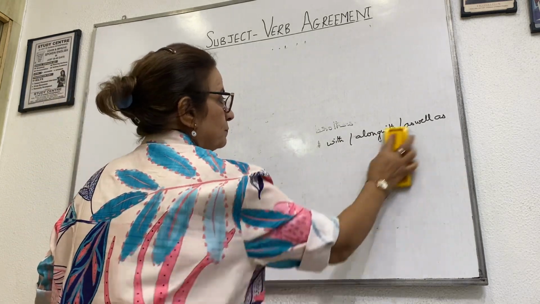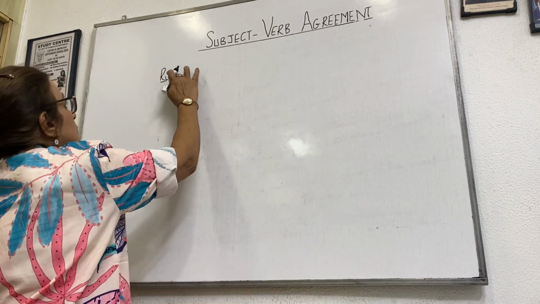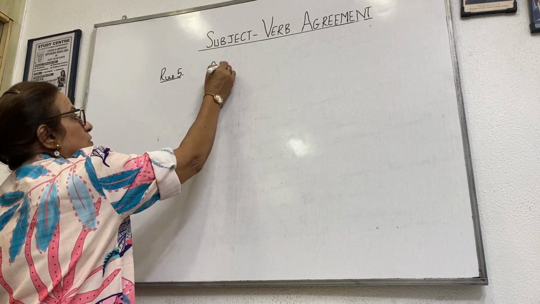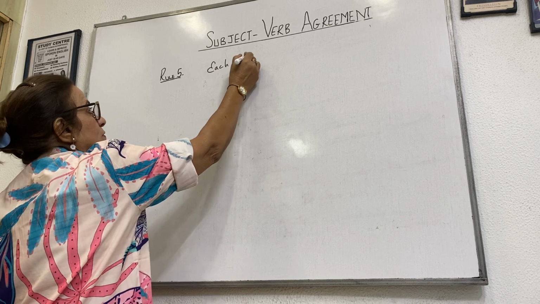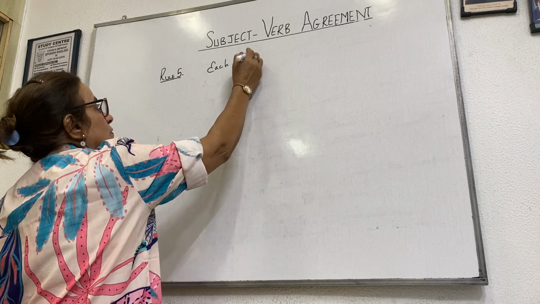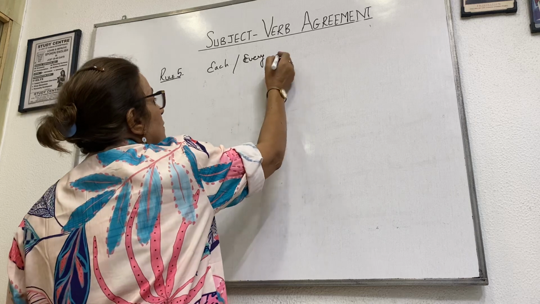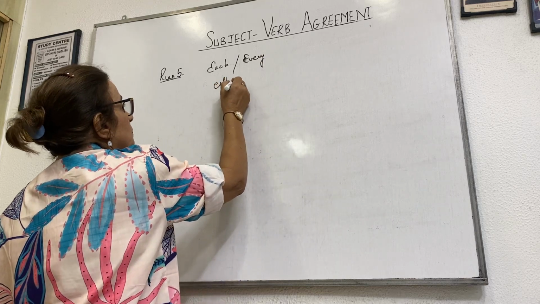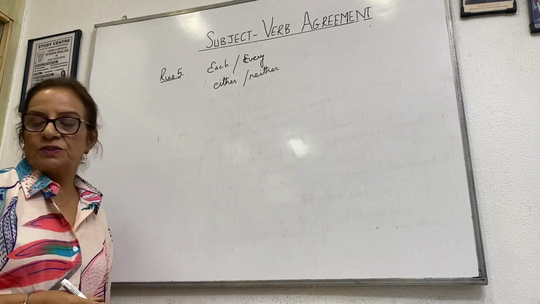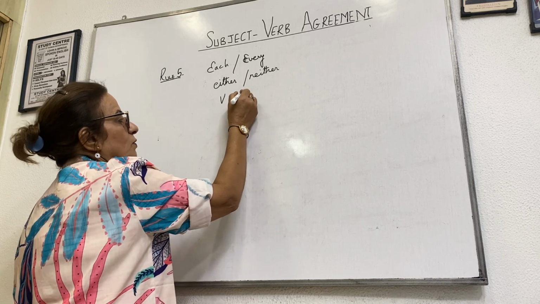Rule number 5. When there are words like each, every, either, neither, when such words are used as subjects, then the verb is singular.